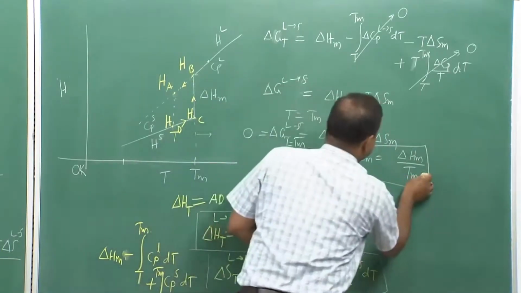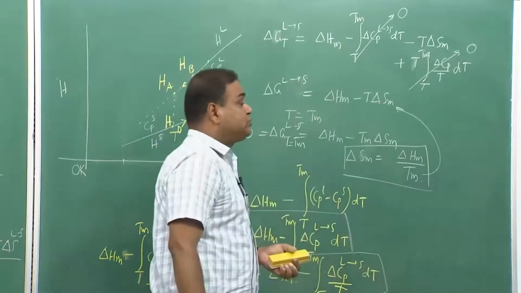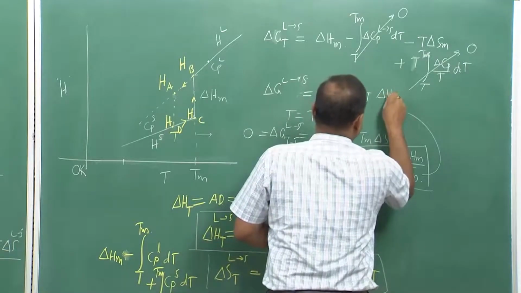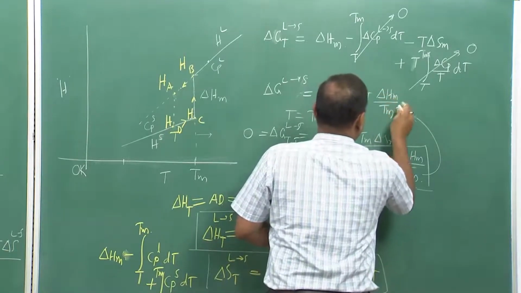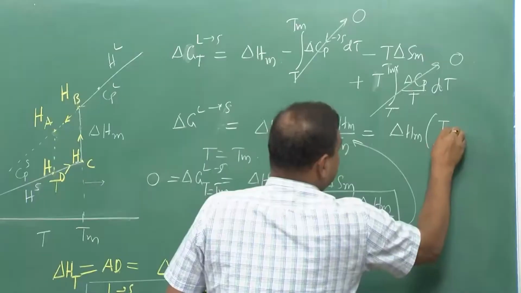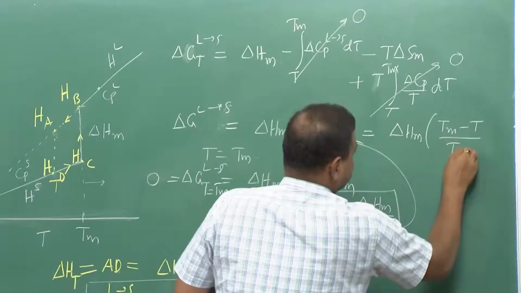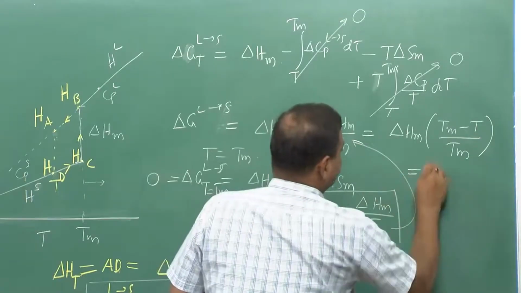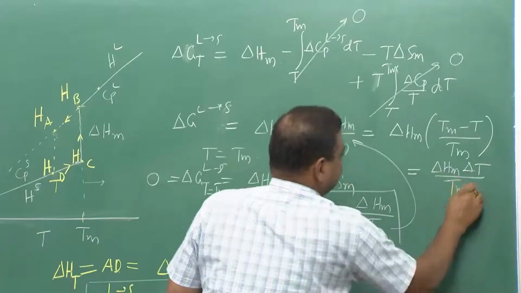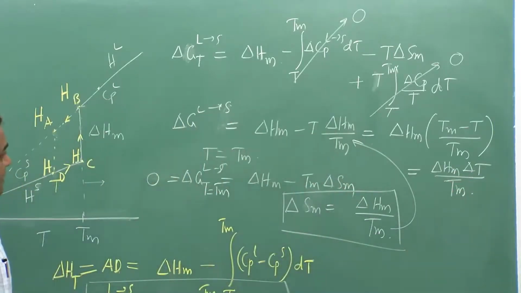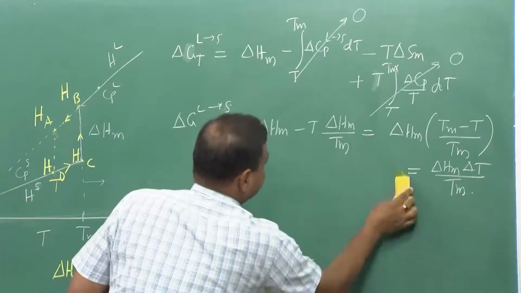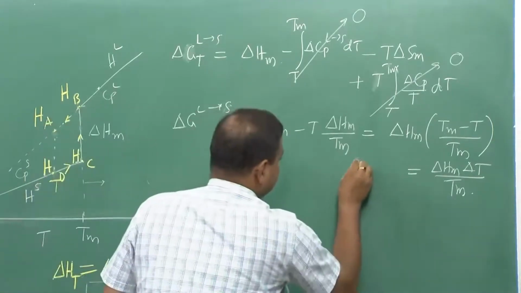So, I convert everything in terms of enthalpy of melting, or latent heat of melting or solidification. Now, if I know this particular expression and I replace it here, what do we get? It becomes del H m times T m minus T by T m, which I can simplify as del H m del T by T m.